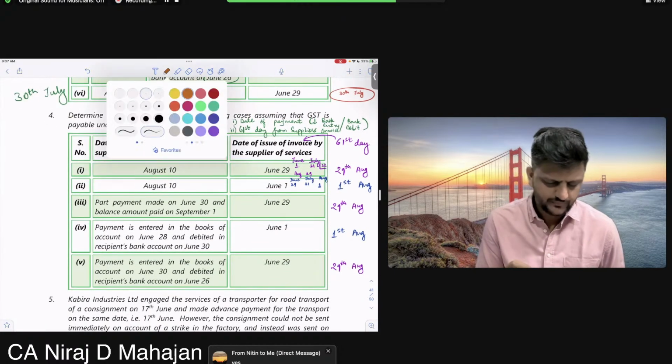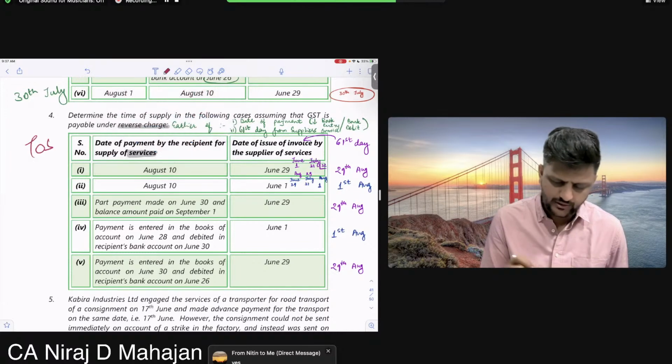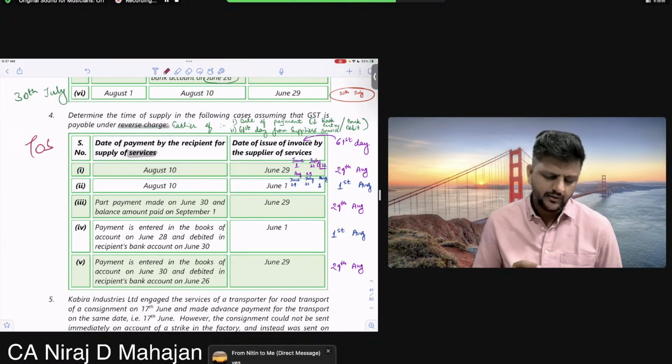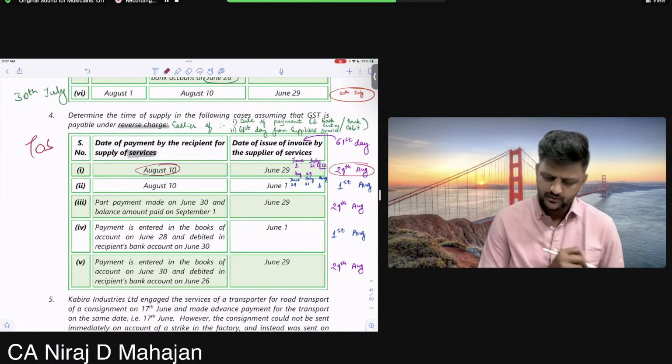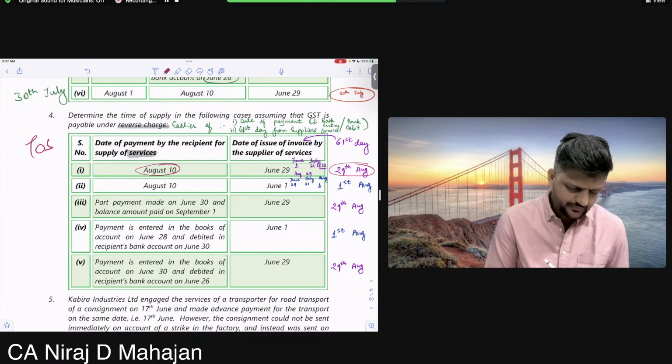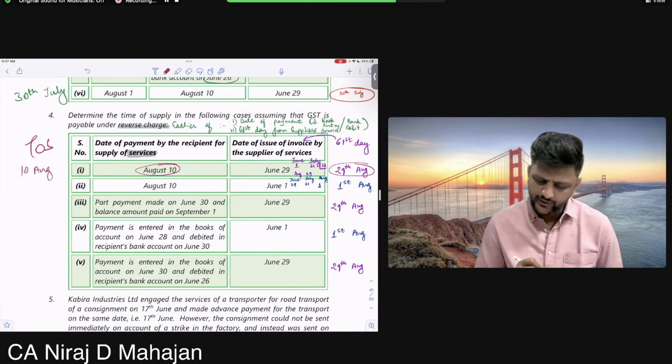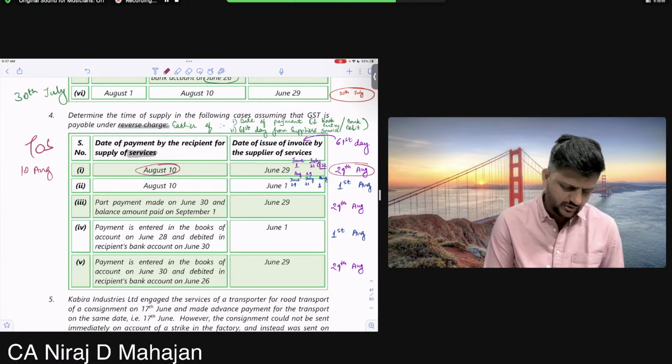Earlier of, I'm writing time of supply, and just underline whatever you are comparing. Date of payment by recipient, 10th August or 29th August? Just underline whatever you are comparing. So it is 10th August. 10th August, 1st August, 1st August.